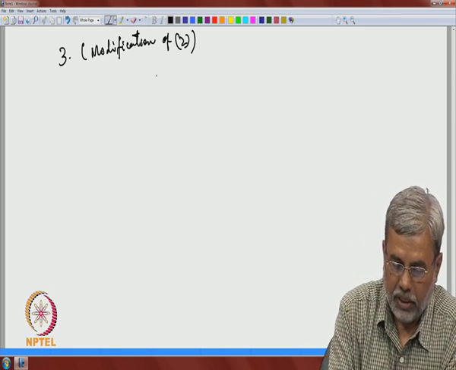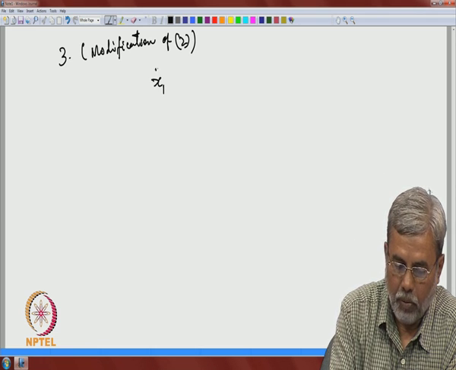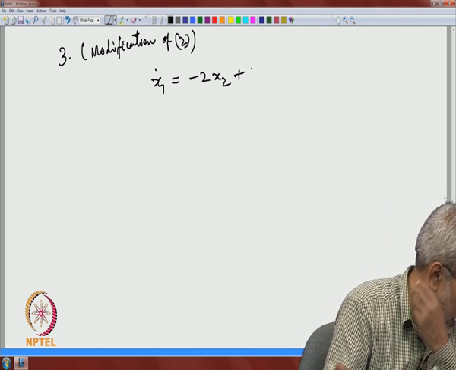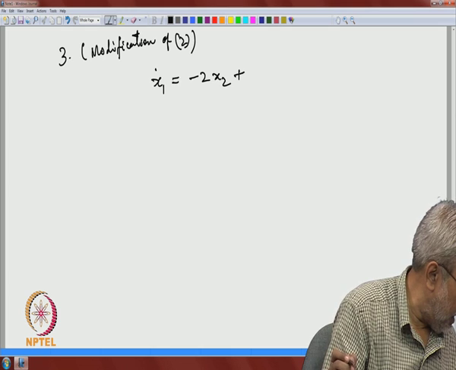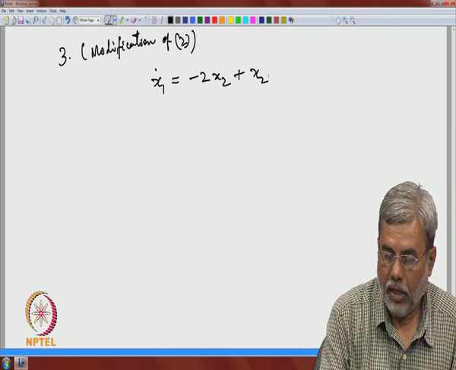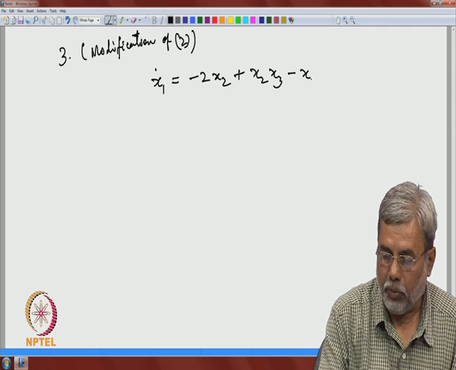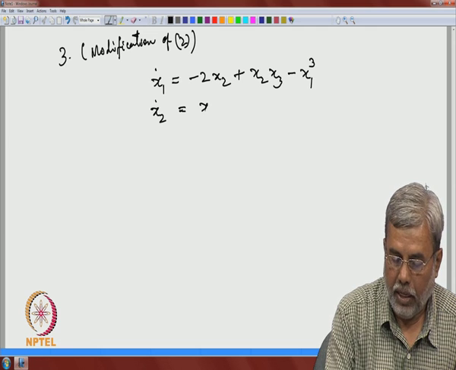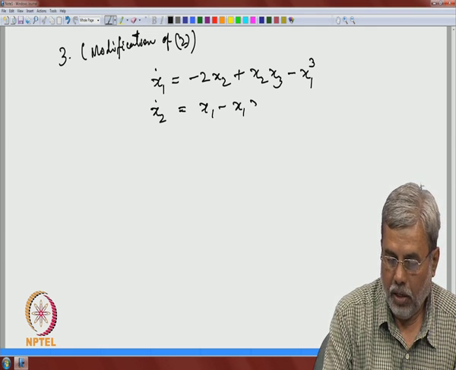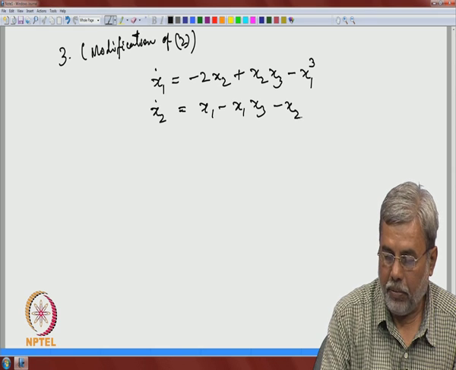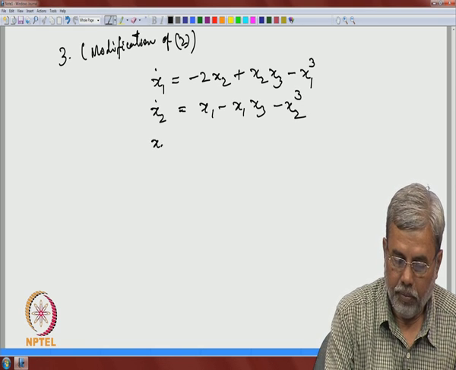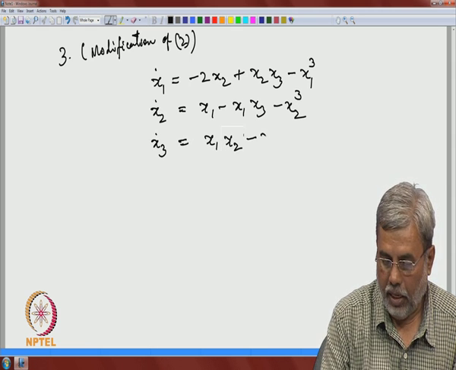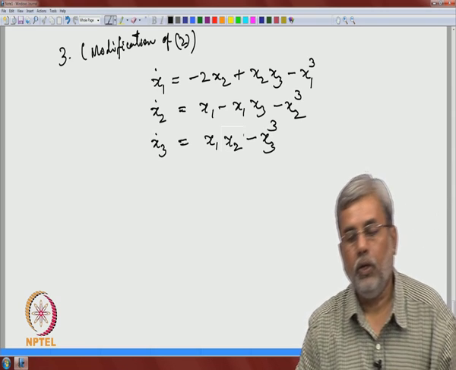So, again the same system, just I will perturb it a little bit more: minus 2 x 2 plus, what was it, x 2 x 3, and now I perturb it by x 1 cube, and x 2 dot, again same thing as before, again perturb it by cube, same thing with the third equation, again I perturb it by cube.